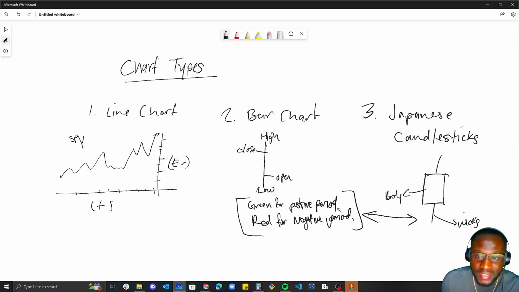But patterns just emerge, like wicks that really show exhaustion or a reaction to certain levels. So the location of where these candlesticks emerge may play a really significant role in identifying the quality of the signal.